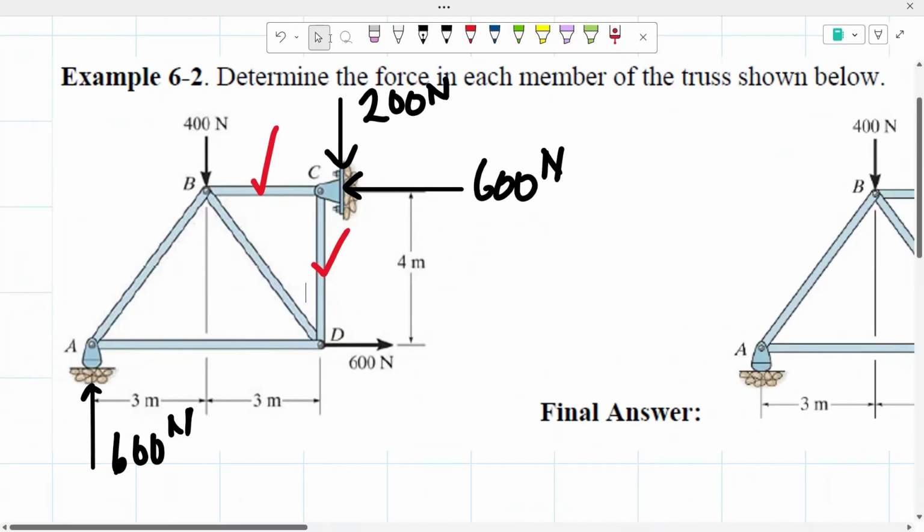Now, the next joint that I'm going to be doing is joint D, so that way I can determine the bars AD and BD.